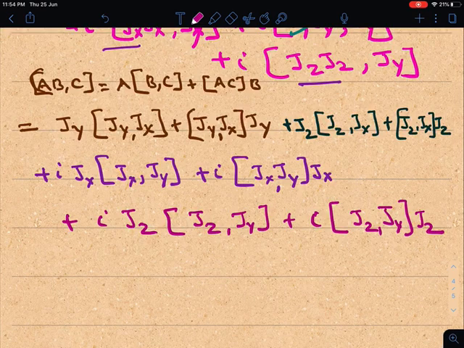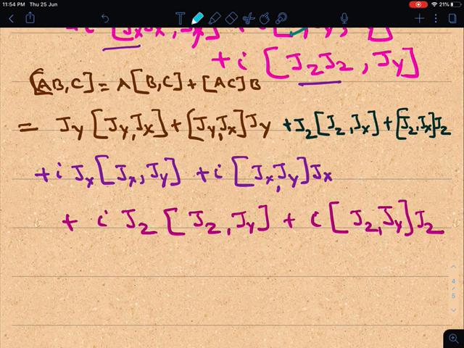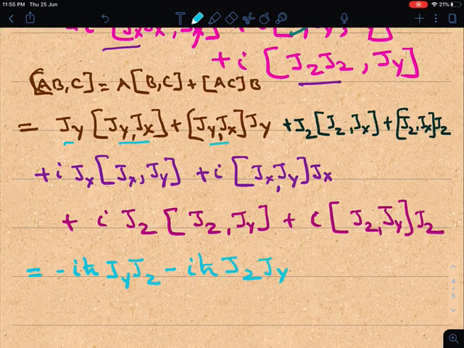Now using our basic commutation relation, you can see that here you have Jy with Jx, so it is an odd permutation, it is minus i h cross Jz. So it will become minus i h cross, you have Jy here, Jy Jz. Here again you also have an odd permutation, minus i h cross, Jz Jy.